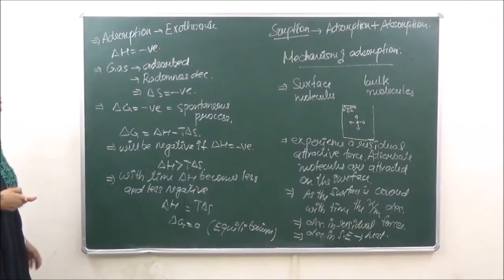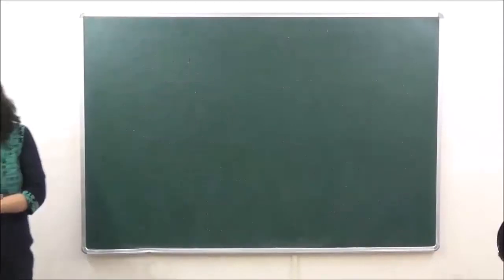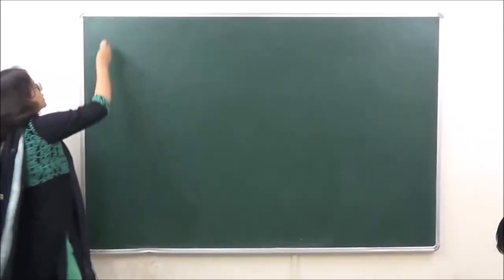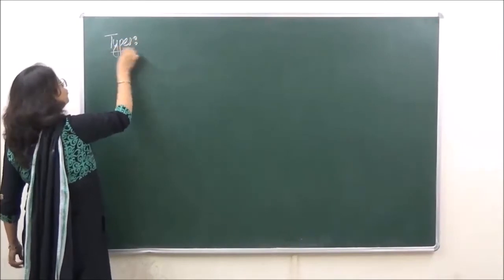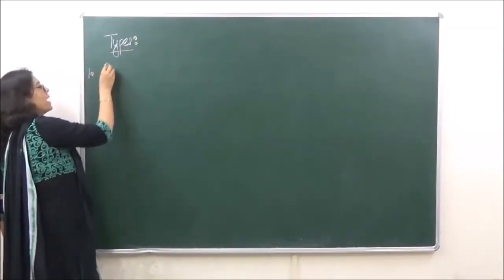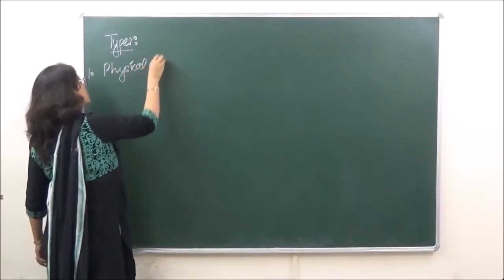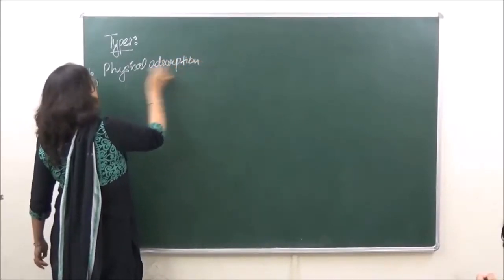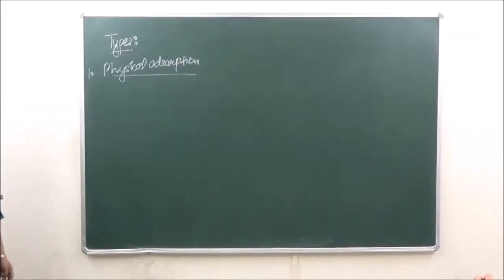Is it clear? Okay. Then next we go on to types of adsorption. We are going to do two types of adsorption. The first type of adsorption is known as physical adsorption. Okay? What is physical adsorption?